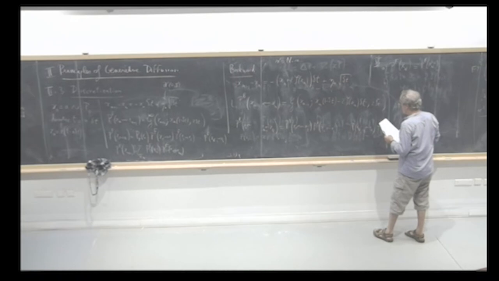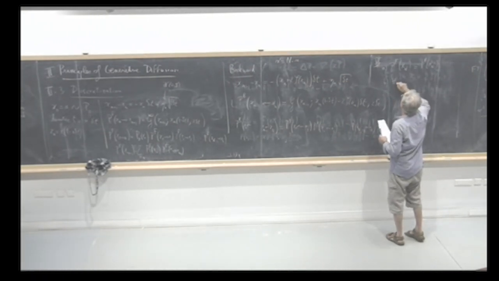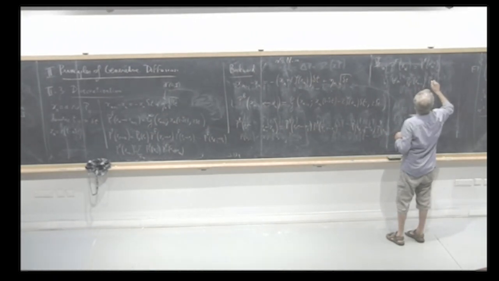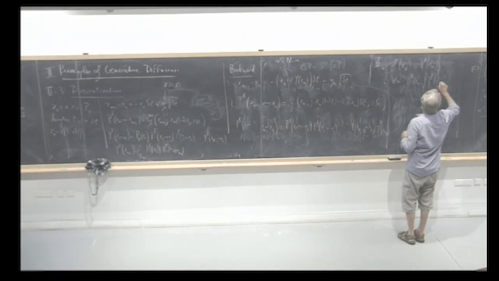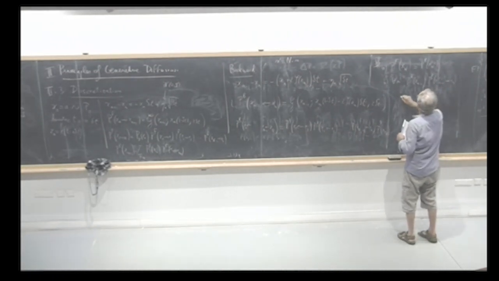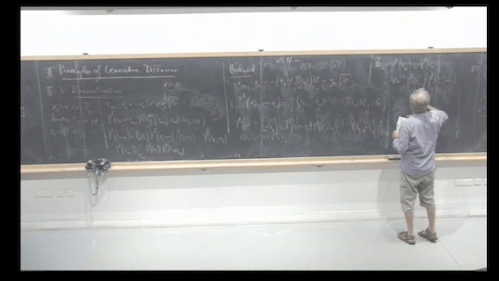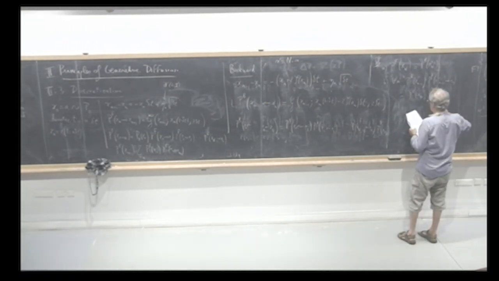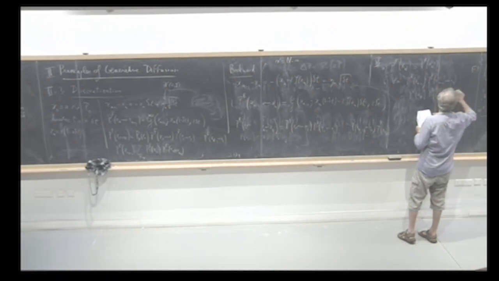And the second condition is, for all n, P forward of xn minus 1 times the P forward of the transition from xn minus 1 to xn is equal to P backward of xn times the transition from xn to xn minus 1.